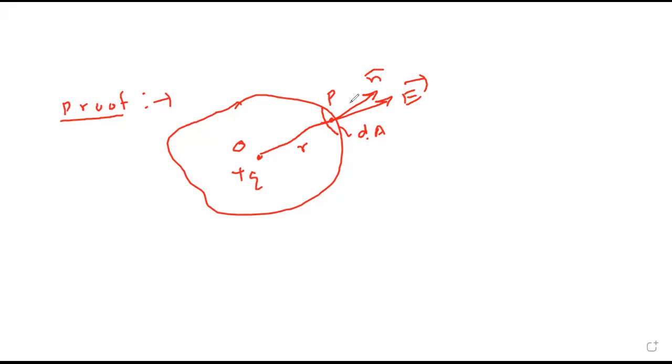Area vector will be along this normal. Angle subtended by that area is denoted as d omega, called solid angle. This angle is theta. Diagram done. Then I'm writing here theory.